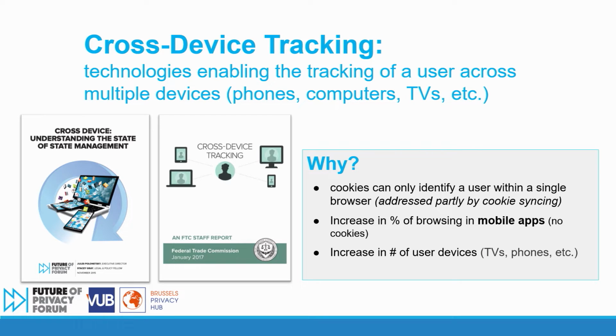There's a lot of great work that's been done on cross-device tracking. The Future of Privacy Forum has done it here in the United States, the Federal Trade Commission, and really understanding some of the issues that arise with cross-device tracking. The industry does use it because it is important if I am running an experience on a desktop website, and then I also have a mobile app.